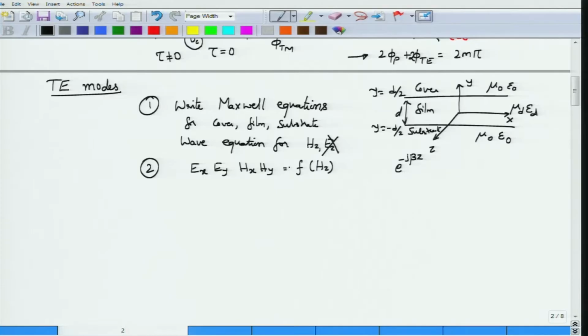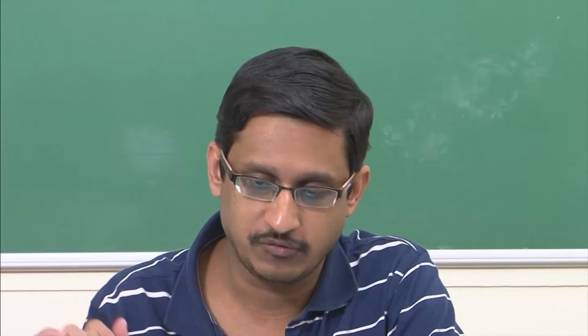We will soon see that you don't have all the terms over here for the TE modes in the parallel plate waveguide, you will have only 3 terms as we will see. Okay, but you already know how to express this, right? So you start from Maxwell's equation, adjust them, then you go back and write down every component in terms of Hz and Ez. Okay, this is exactly similar to the waveguide analysis that we did for the metallic waveguides. There is no change in this procedure so far.